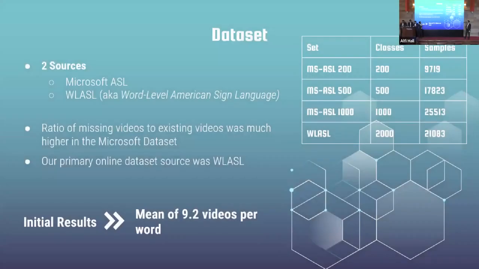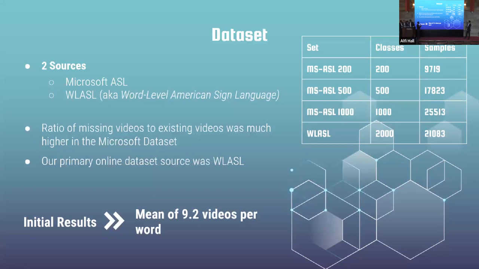Okay, so moving on to the dataset, we primarily had two datasets to choose from in our thesis project. First, we had the Microsoft ASL, and second, we had the WLASL, which stands for Word Level American Sign Language. As you can see in the table on the very right, we have multiple variants of the Microsoft ASL: MS-ASL 200, MS-ASL 500, MS-ASL 1000, and finally we have our WLASL.